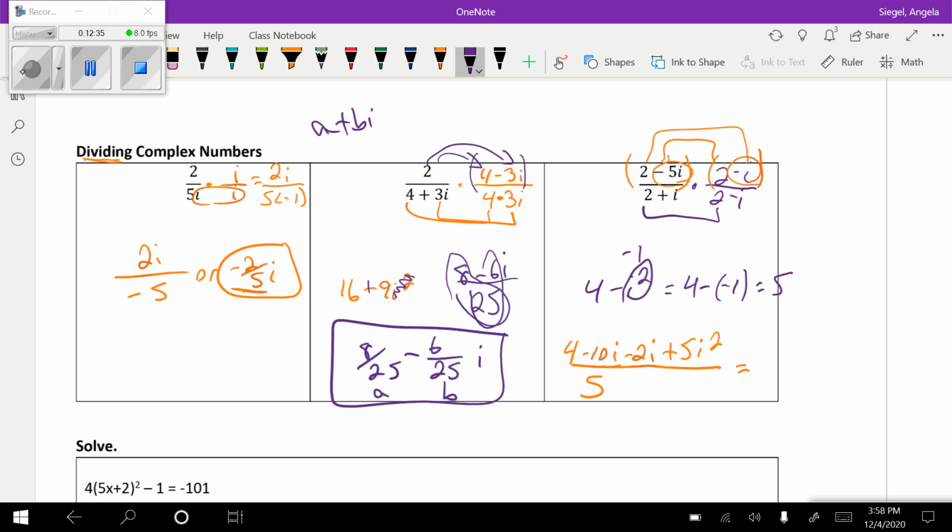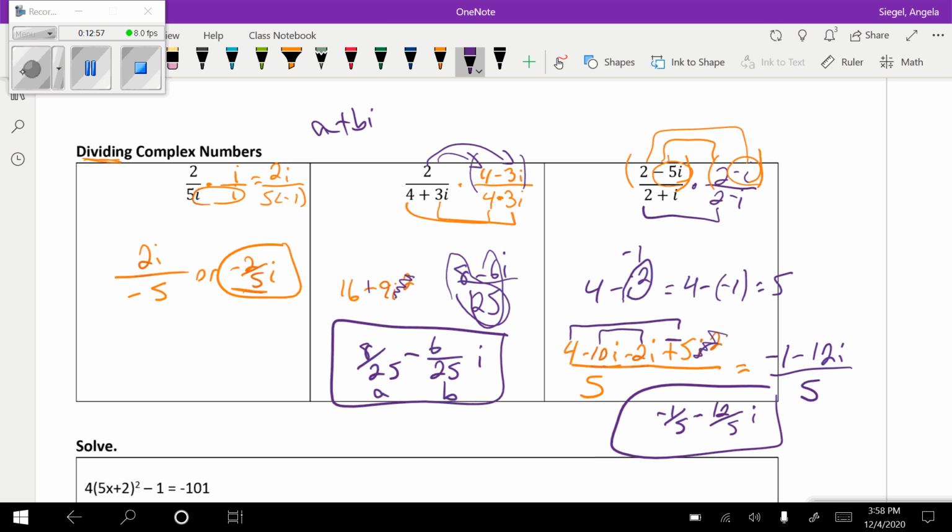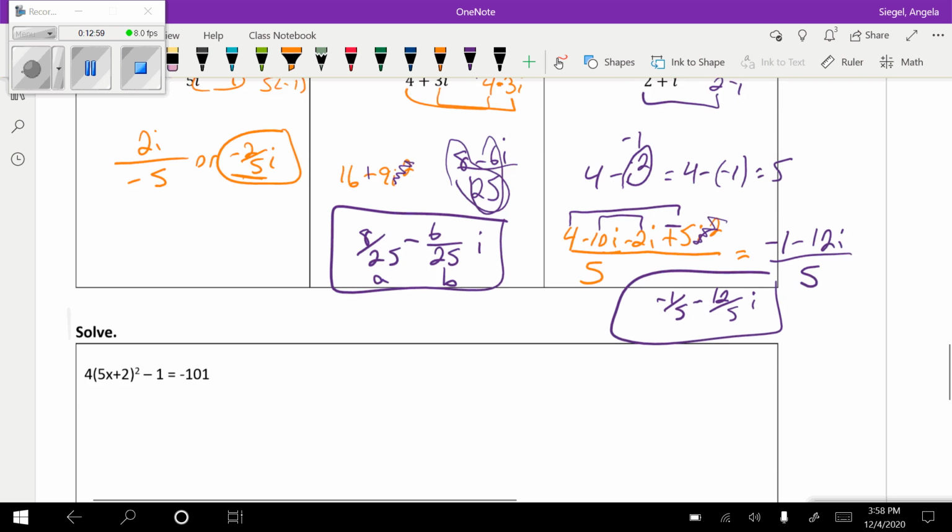Okay, so this squared is going to make that negative 5. So I'm going to combine these. So 4 minus 5 is negative 1. And then I have minus 12i over 5. So again, I'm going to separate it. Negative 1/5 minus 12/5 i. And that's my final answer.